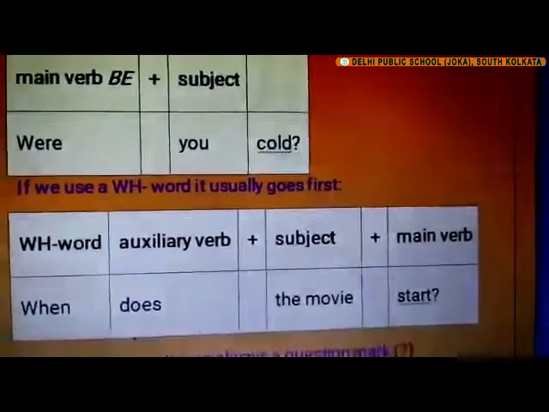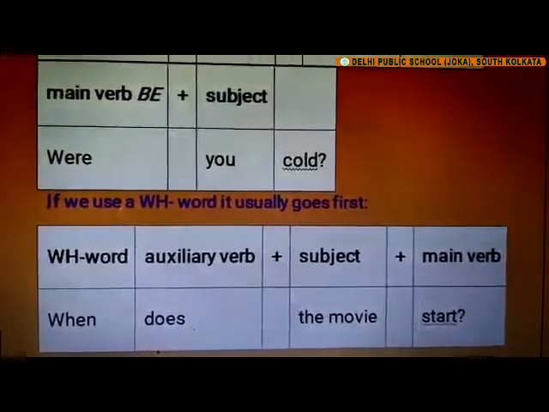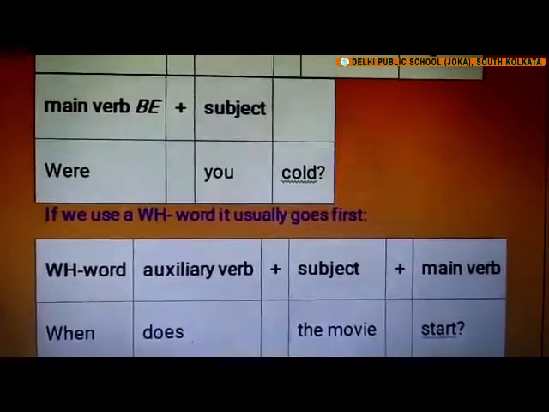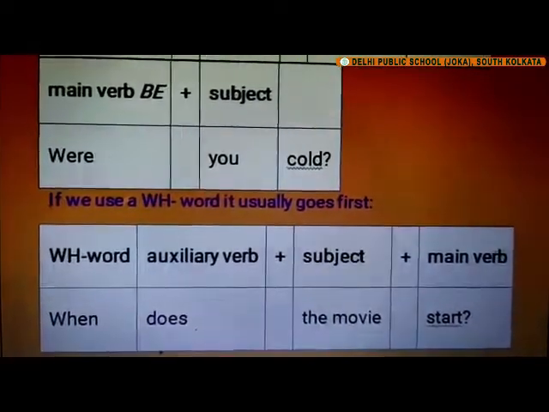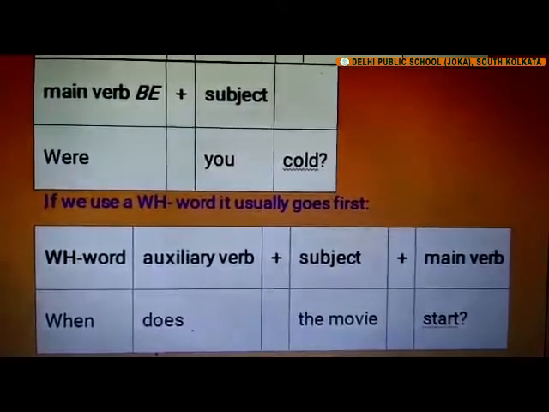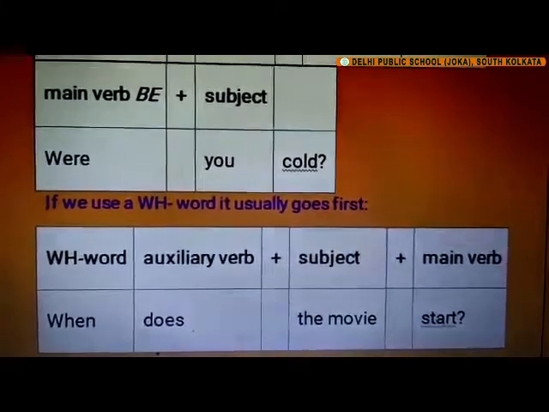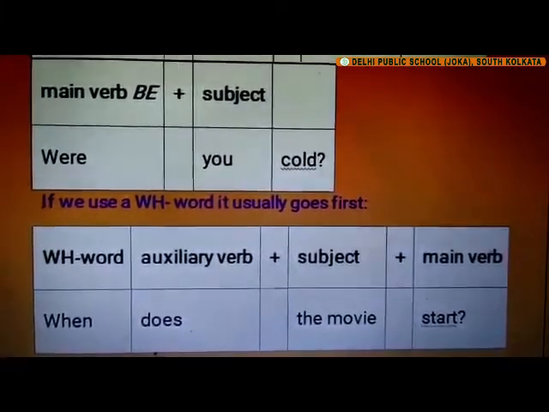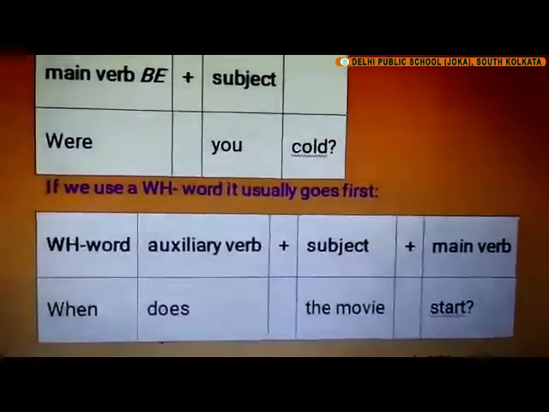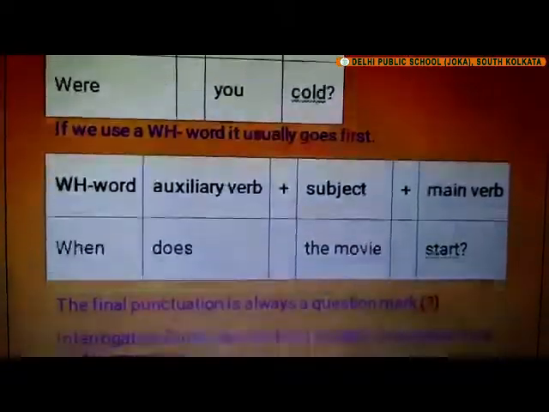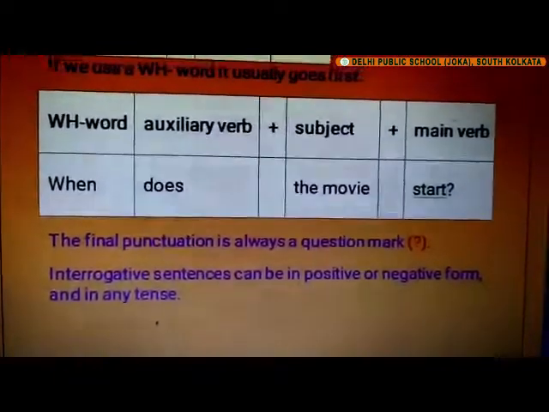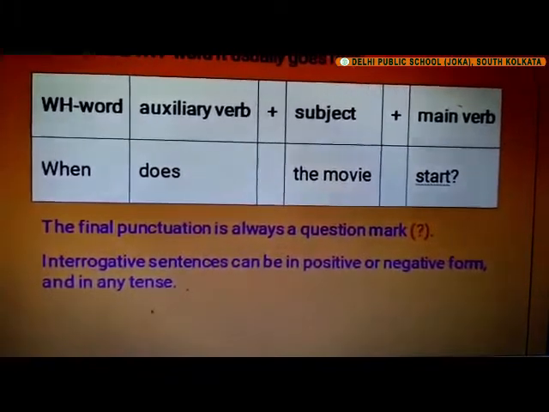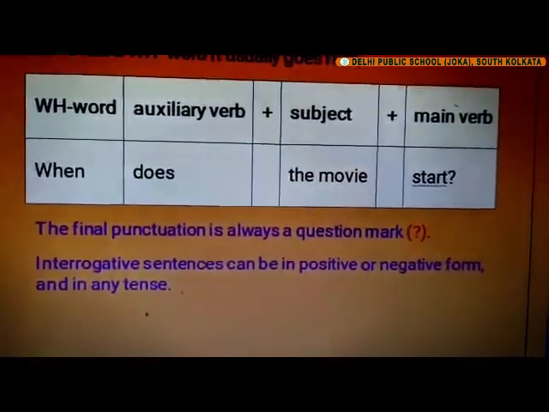For example, when does the movie start? As you can see, the WH word comes before the auxiliary verb. Then it is accompanied with the subject, the movie, and the main verb, start. And don't forget, the final punctuation mark is always a question mark.